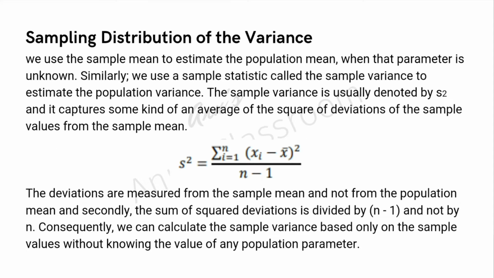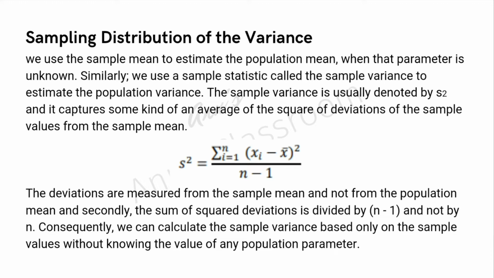Sampling distribution of variance. Similar to the mean, if instead of the mean we take the variance and plot it, it becomes the sampling distribution of variance. We use the sample mean to estimate the population mean when the parameter is unknown. Similarly, we use a sample statistic called the sample variance to estimate the population variance. The sample variance is usually denoted by S square, and it captures some kind of average of the square of deviations of the sample values from the sample mean.